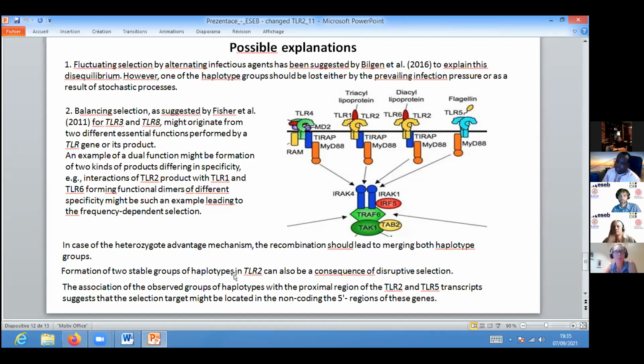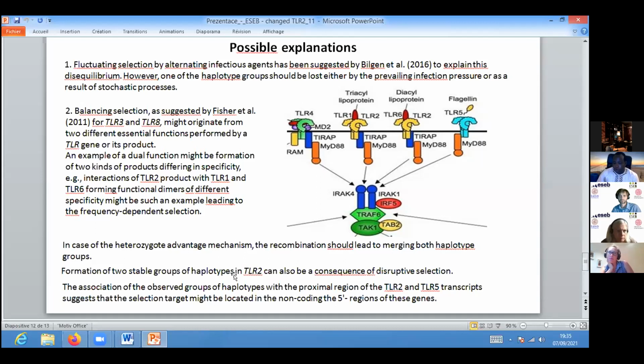We suggest that the balancing selection might originate from two different essential functions performed by the TLR genes or their products.